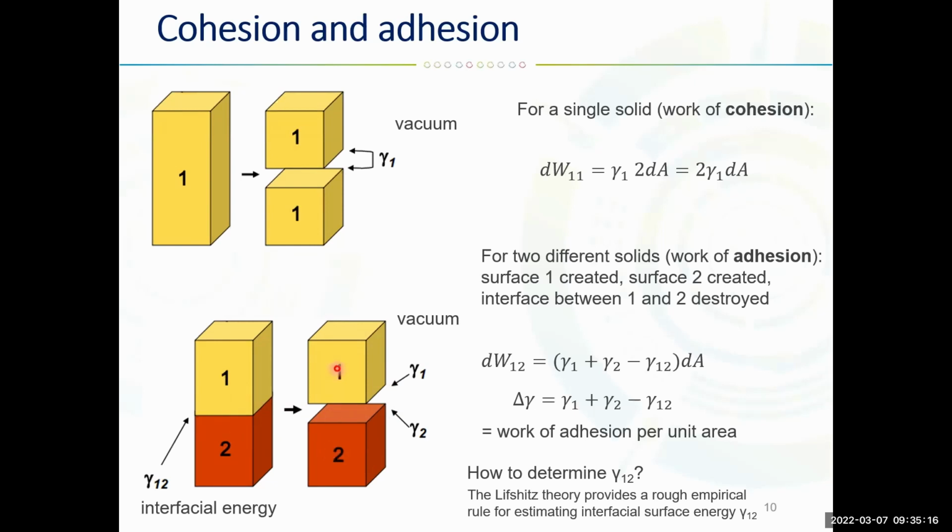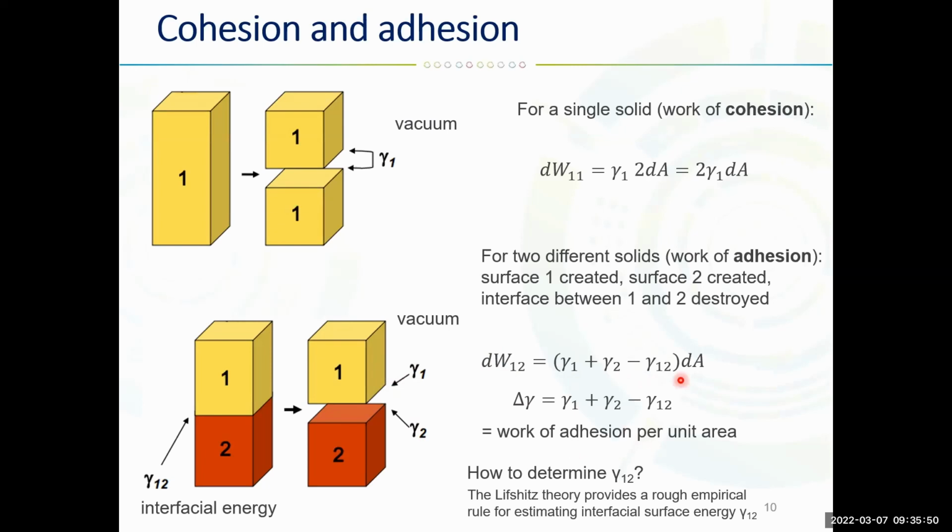When material 1 is in close contact with material 2, there will be an interfacial energy, and the surface energies will be referred to as gamma 1 and gamma 2 for each material, especially when they're separated from one another. The surface energy of material 1 is gamma 1 and of material 2 is gamma 2, right?